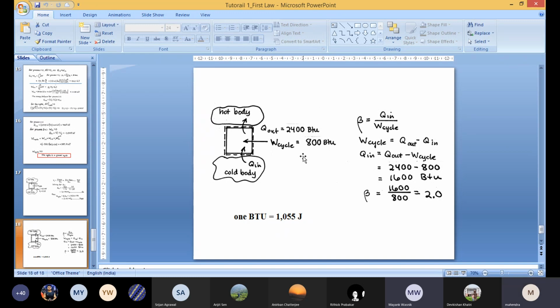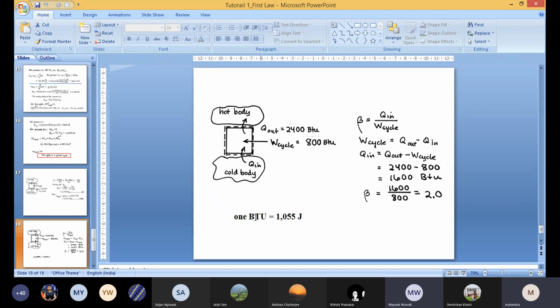Here we are following the SI system, so we are considering joules and megajoules. Before that, the British system is there, BTU. Here everything is given in BTU, British thermal units.